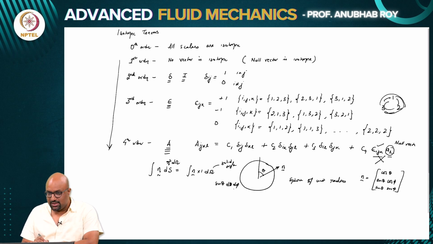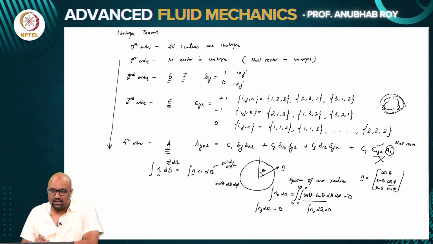So, you need to do 3 integrals: an integral over nx d omega, that should be the integral of cos theta sin theta d theta d phi. There is a double integral. Now, the integral of sin theta cos theta, theta running from 0 to pi and phi running from 0 to 2 pi, would give you 0. Similarly, when you do the integral over ny d omega, there is a cosine phi here. So, when you integrate it over phi, that would be 0, and the same would be applicable if you were to do an integral over nz.